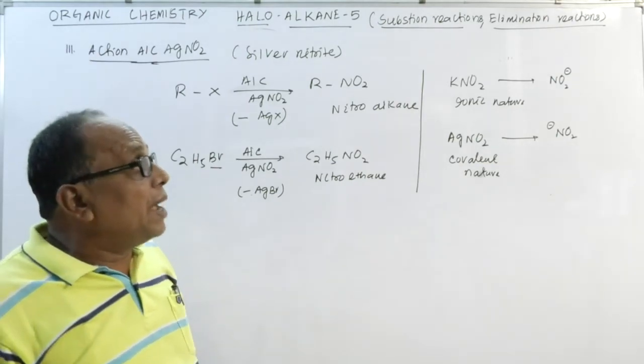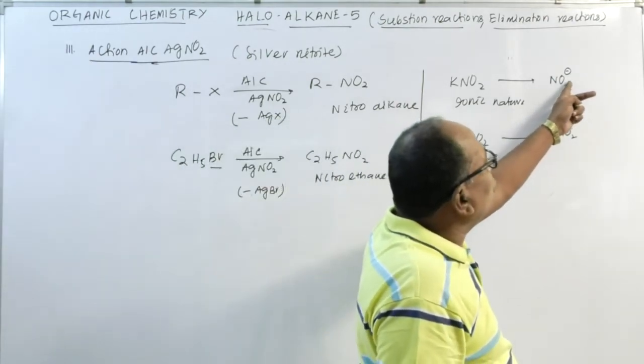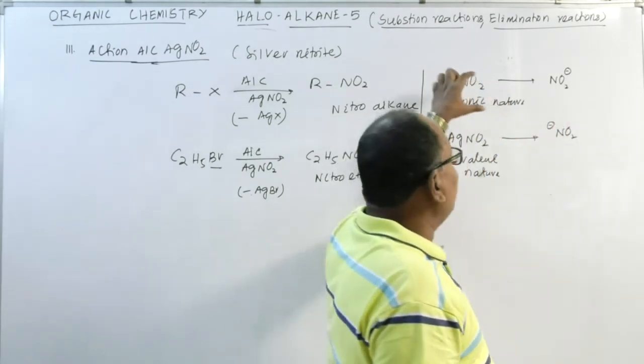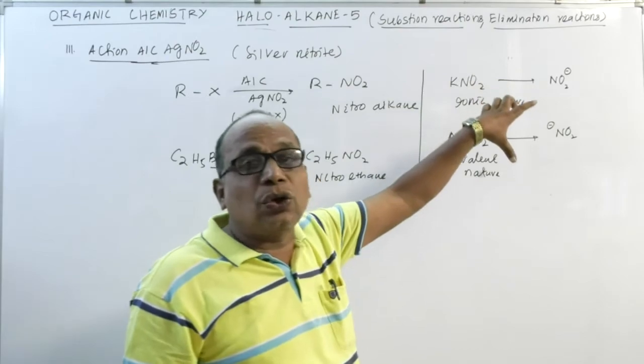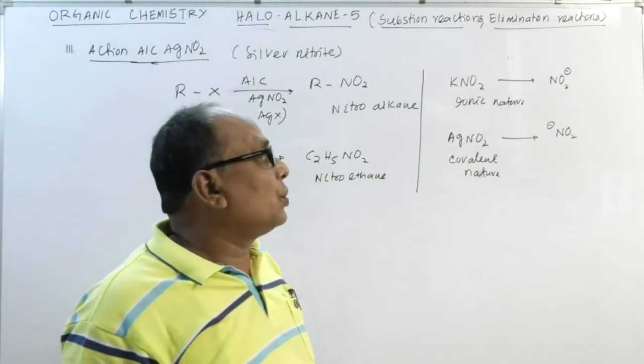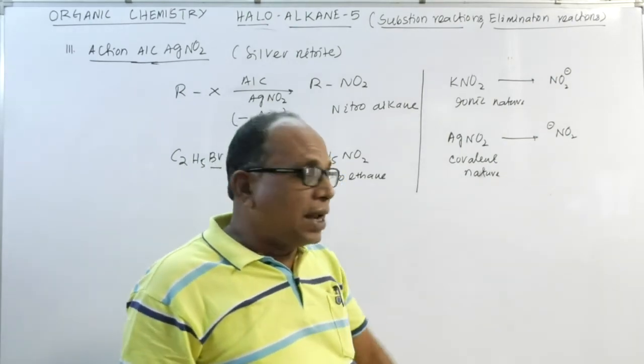That means whether the oxygen atom or the nitrogen atom carries the negative charge depends on the source. If it is an ionic source, the oxygen atom carries the negative charge. If it is a covalent source, the negative charge is possessed by the nitrogen.